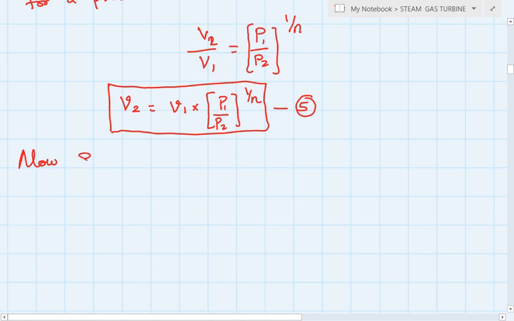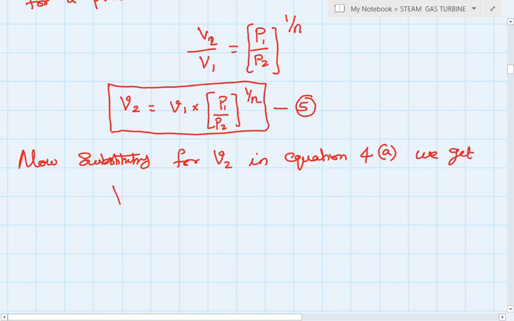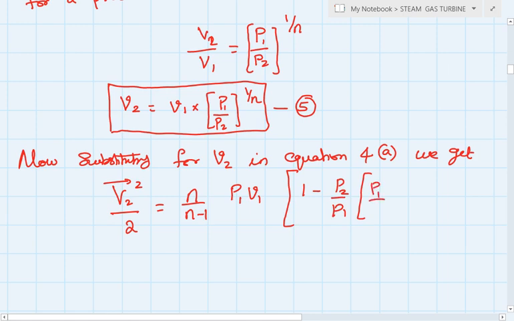Now, substituting for V2 in equation 4a, we get V2 square by 2 equals n divided by n minus 1 P1 V1 into 1 minus P2 by P1 into open bracket P1 by P2 to the power of 1 by n.